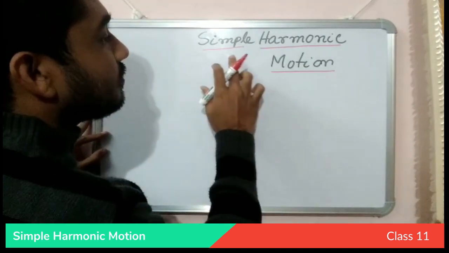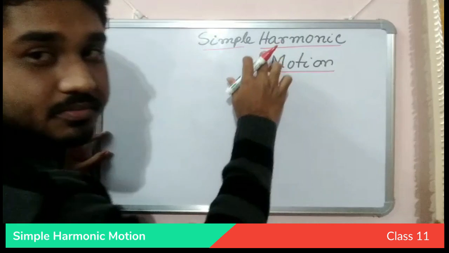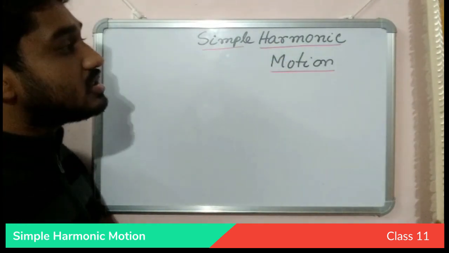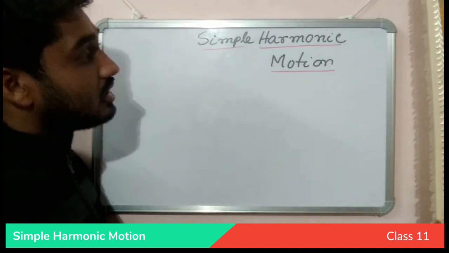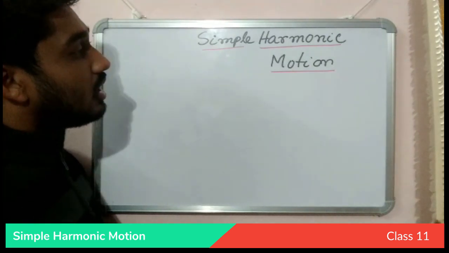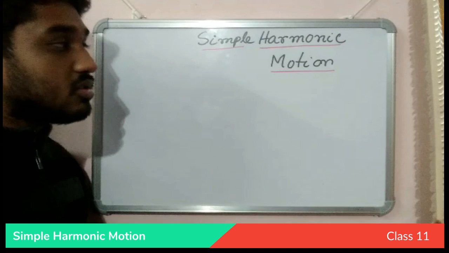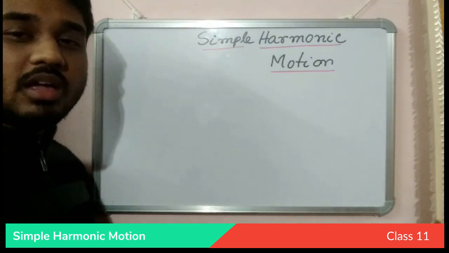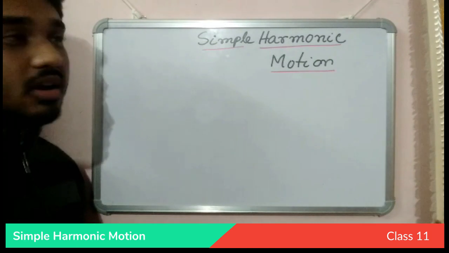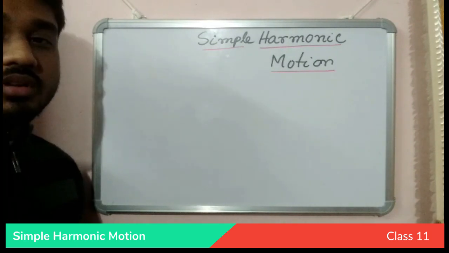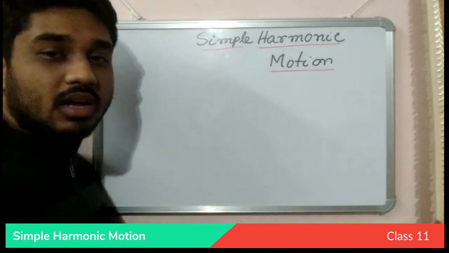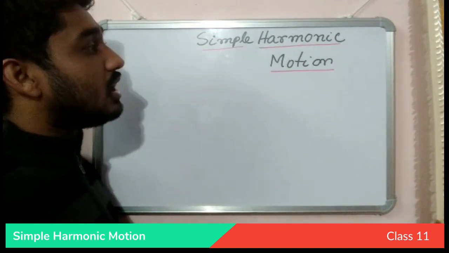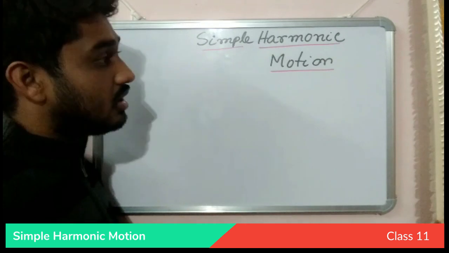And there is another word, harmonic. So what is harmonic, and why is it called simple harmonic motion? It is simple because we can derive any complex motion, any double pendulum structure or any complicated motion in nature, using two or multiple simple harmonic motions.